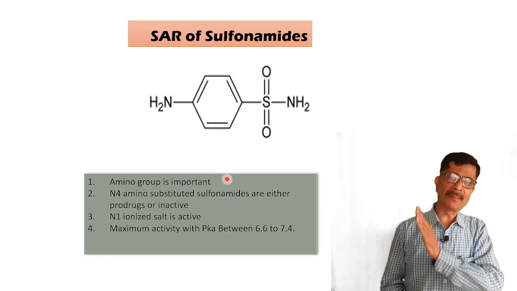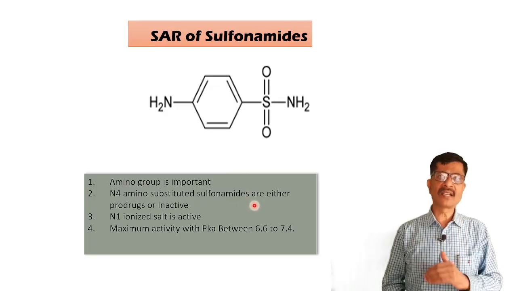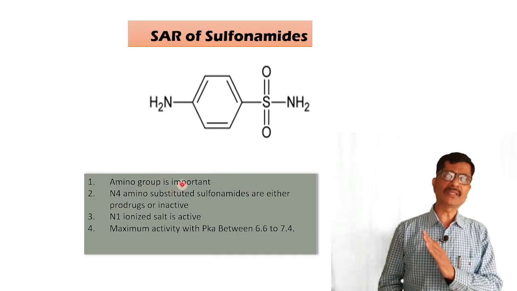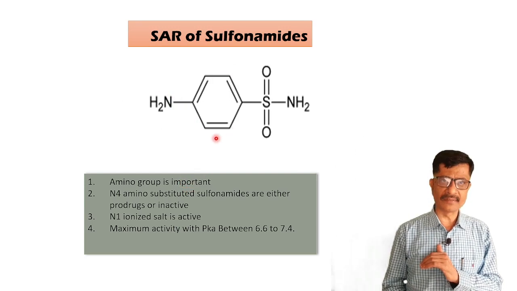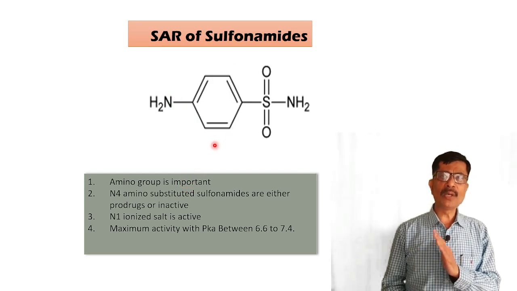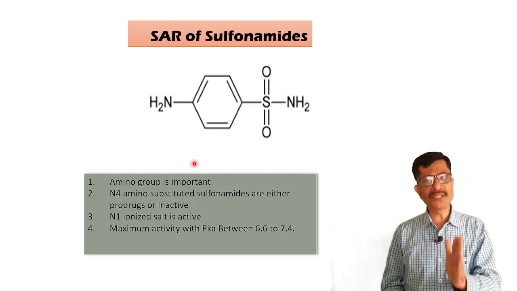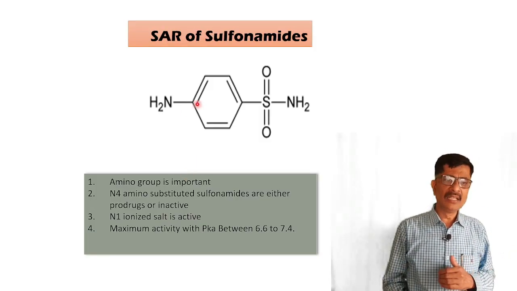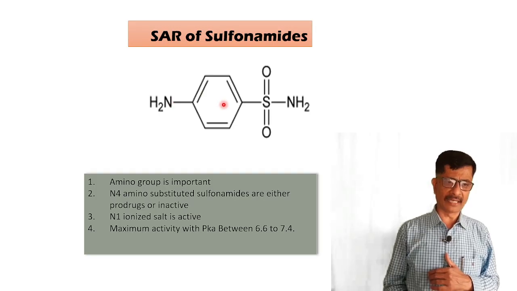The basic requirement for sulfonamide class of drugs to show their antibacterial effect is that the amino group is very important and it should be directly connected to the benzene ring to show its structural similarity with para-aminobenzoic acid, because it is a competitive inhibitor of para-aminobenzoic acid. To maintain its structural similarity, this amine should be intact and directly attached to the benzene ring.